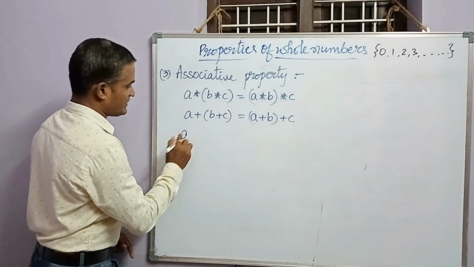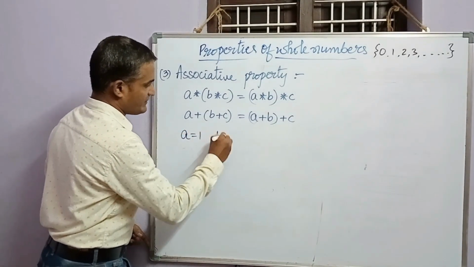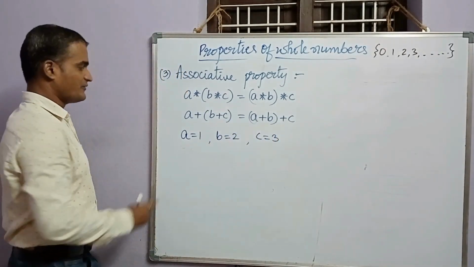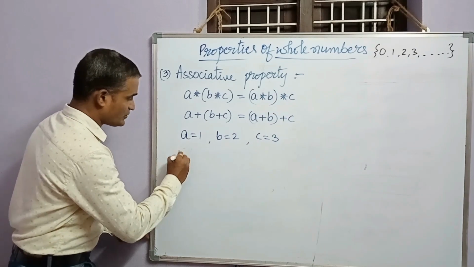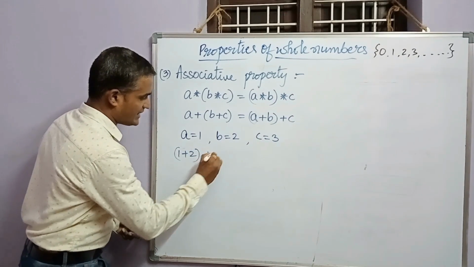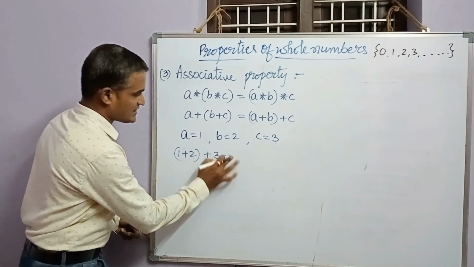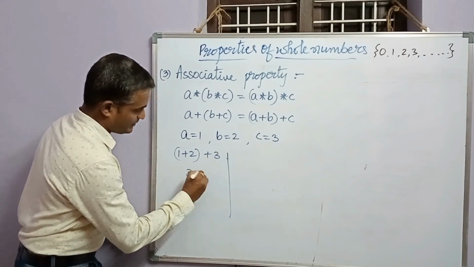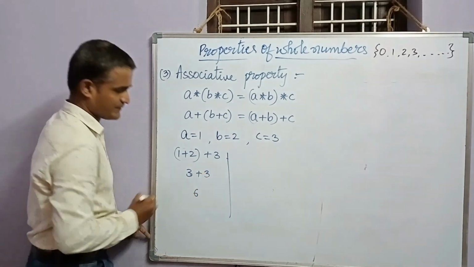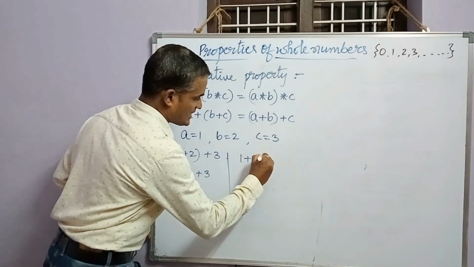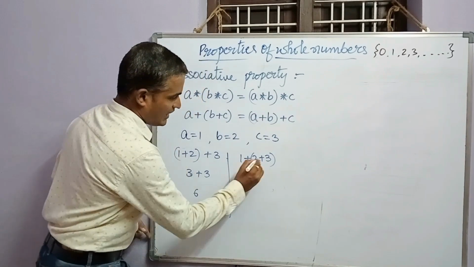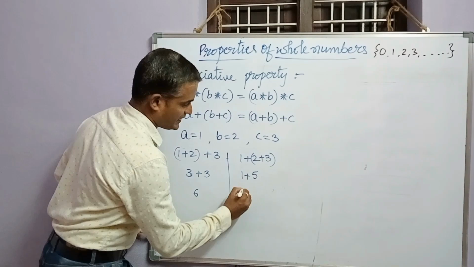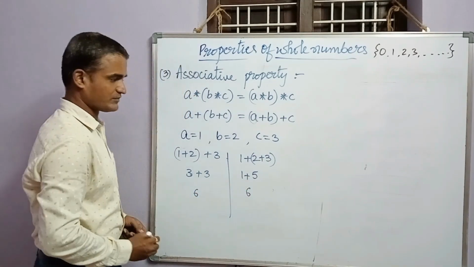Suppose we take A as 1, B as 2 and C as 3. You add in any order. First you add 1 plus 2, which is 3, then plus 3, and the answer is 6. If I add 2 and 3 first, that is 5, and 1 plus 5 is 6.